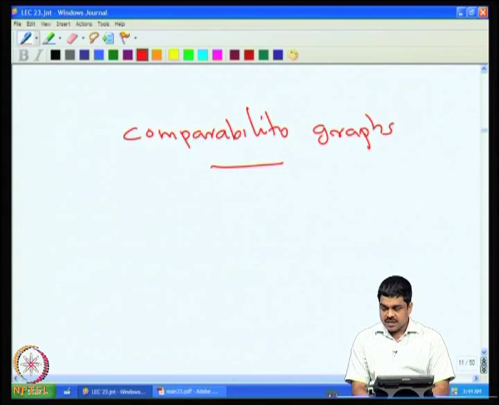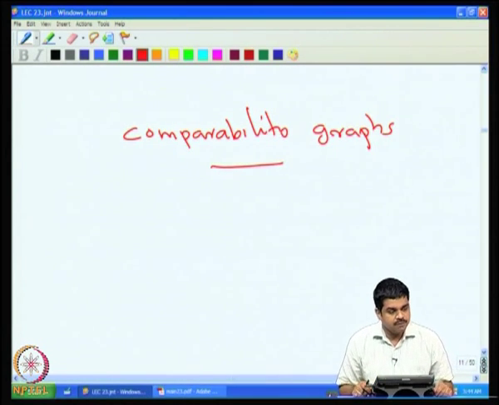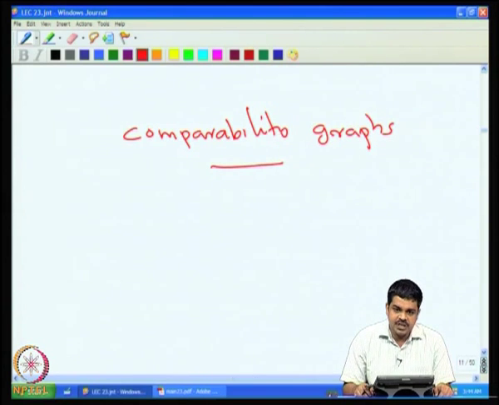Why? Because if you can transitively orient the entire graph, the same transitive orientation will work for an induced subgraph also. So, if a graph is a comparability graph, any induced subgraph of it is also a comparability graph.